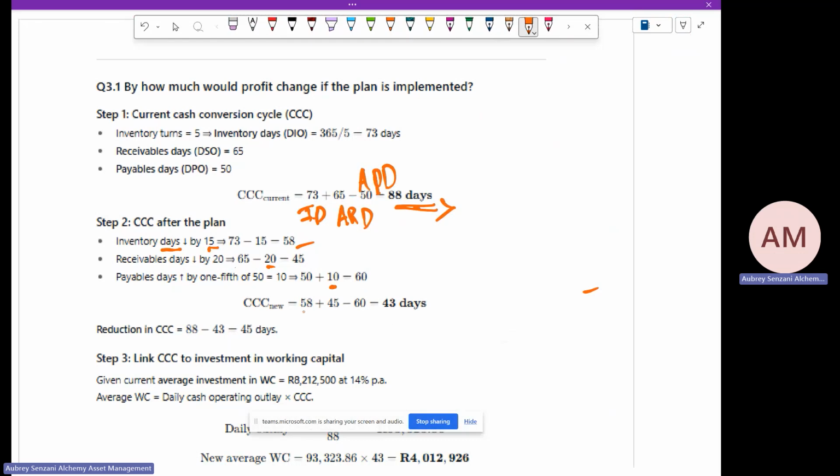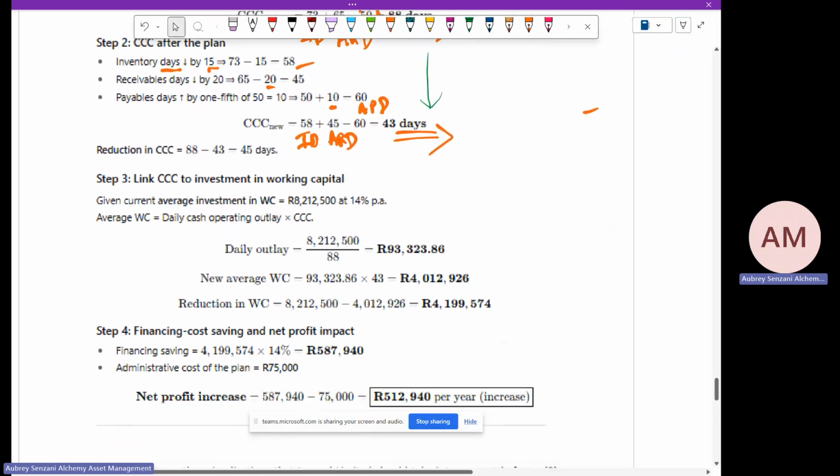So then we do the same calculation, your ID plus your ARD minus your APD. And now look, can you see our days have come down from 88 to 43. Okay, so now we can begin to work.